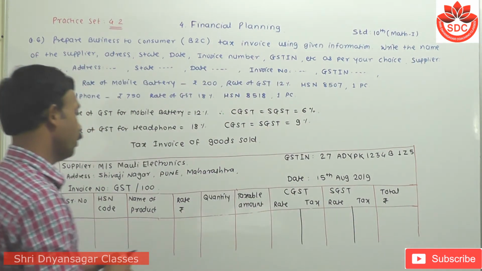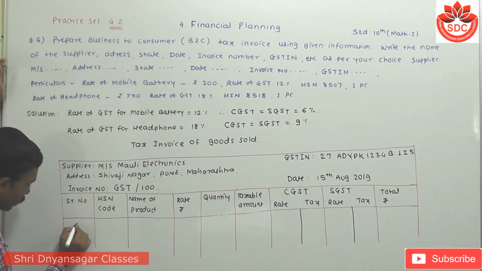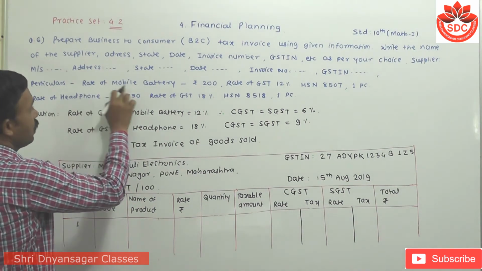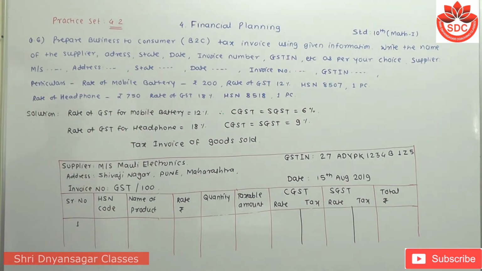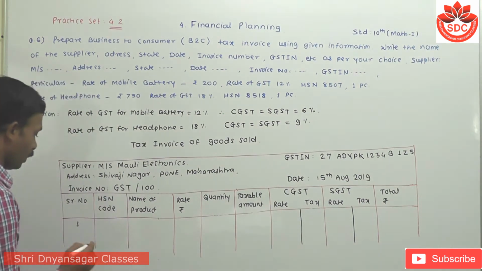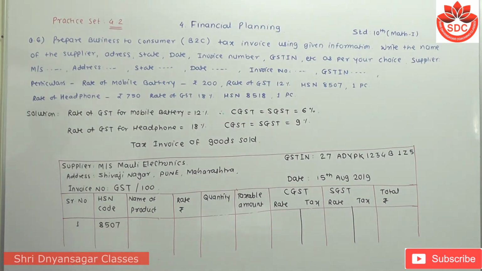Now students, I have to fill in all this. Suppose the first serial number is one. The first particular is mobile battery. The HSN code is 8507, so I will write 8507 here. This is the harmonized number.